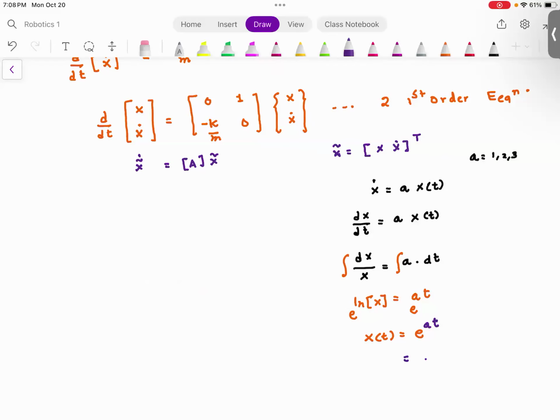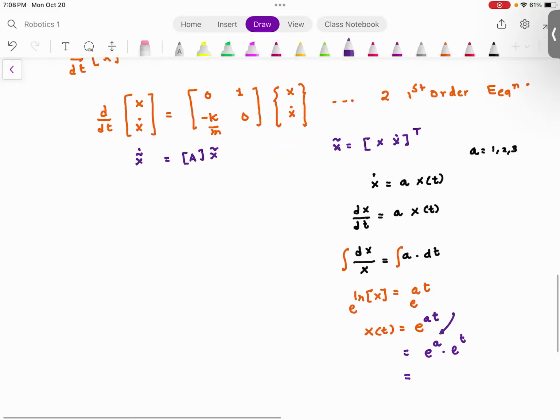This can be written as e to the power a multiplied by e to the power t. a is a constant. Do you agree with me? Since a is constant, I can write this as e to the a times e to the t for x of t.